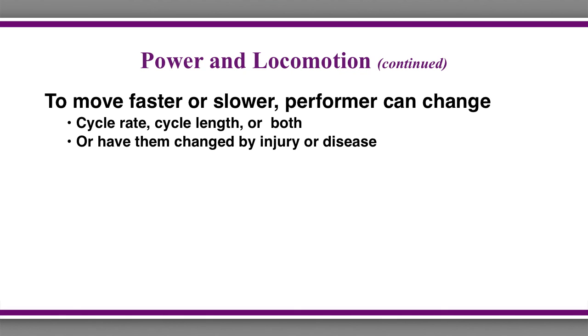So to move faster or slower, a performer or an athlete can change the cycle rate, the cycle length, or both, but oftentimes we see that one of these variables is changed by some kind of injury or some type of even disease. All right, so this is how power is more directly applied to sport through biomechanics.